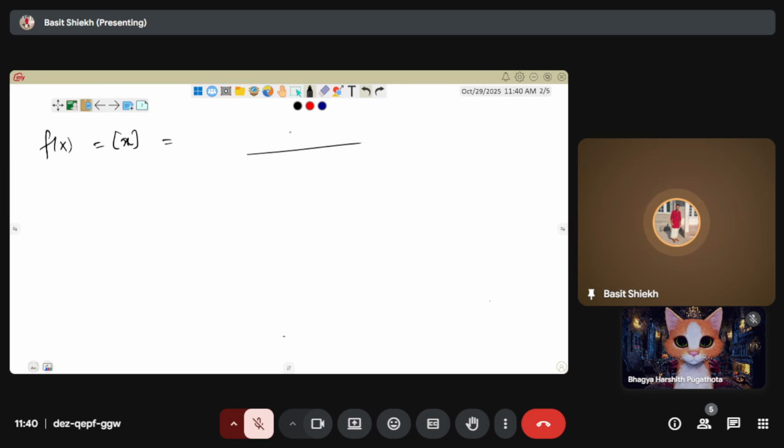If we take the graph of this function at 0, it is this, and here 1, let's say. This is the graph. Okay, I will write the graph with red.